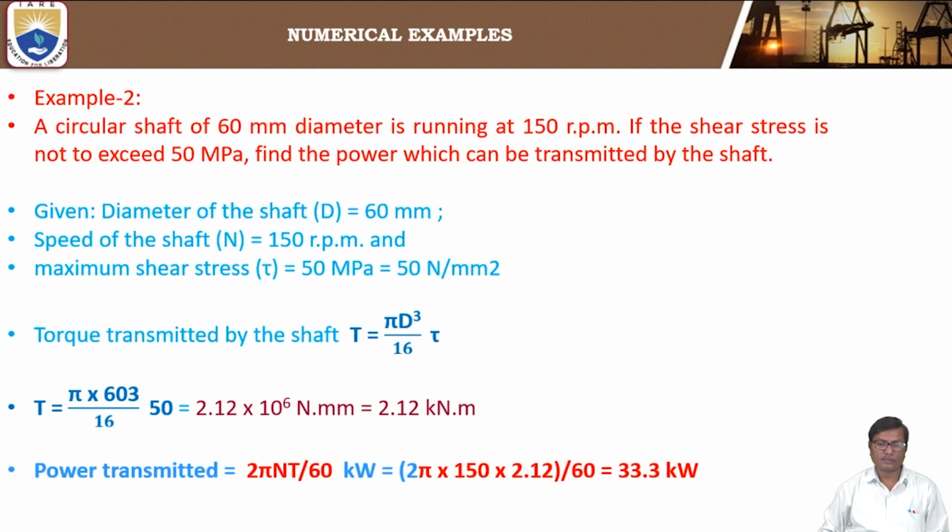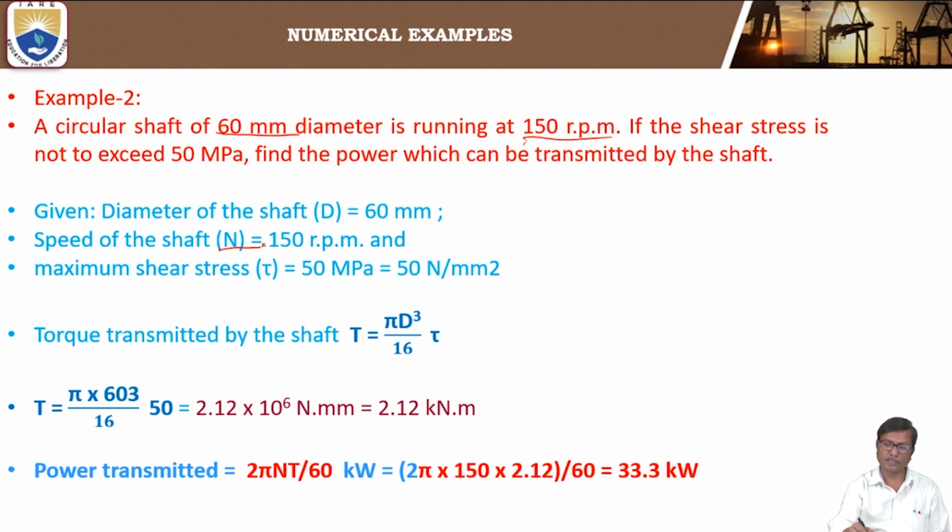The second example reads like this: a circular shaft of 60 mm diameter is running at 150 rpm. If the shear stress is not to exceed 50 MPa, find the power which can be transmitted by the shaft. So here the given shaft is of solid circular section, of 60 mm diameter, rotating at 150 revolutions per minute.